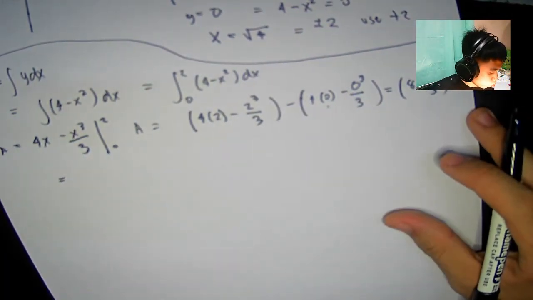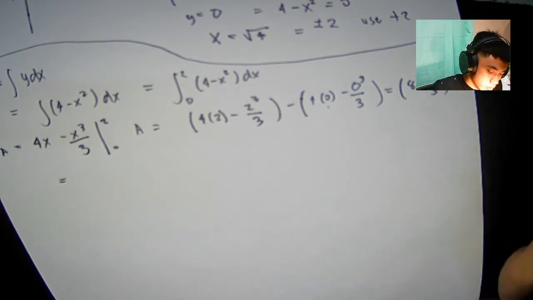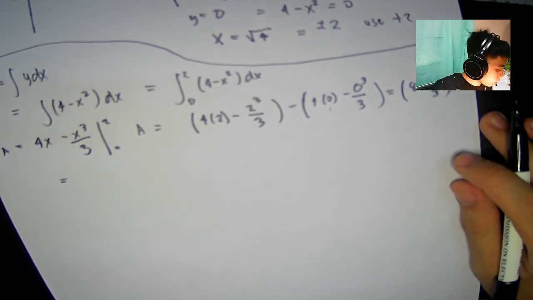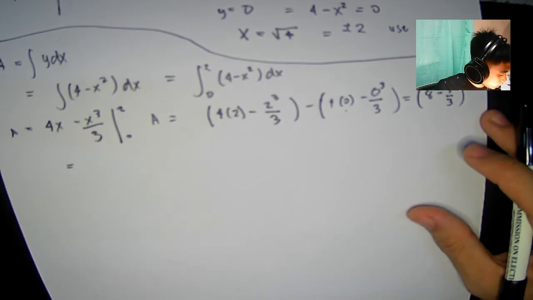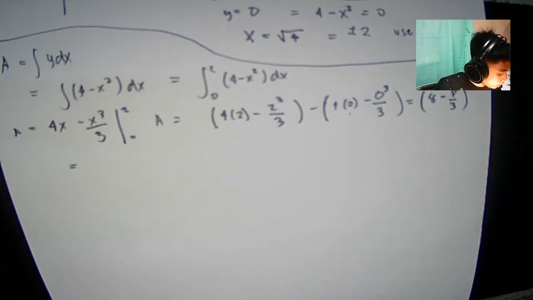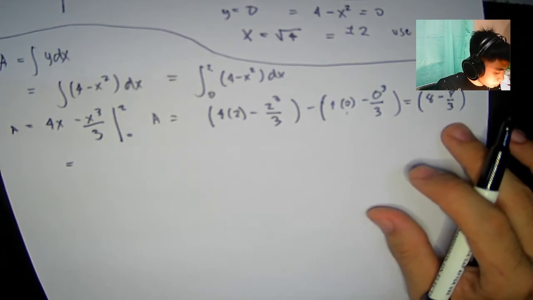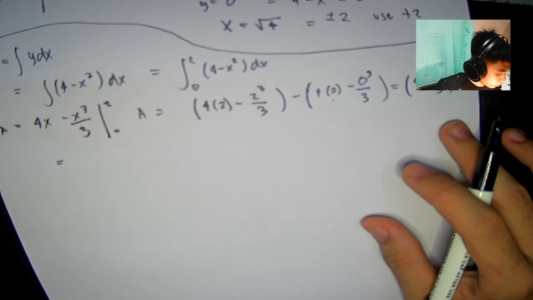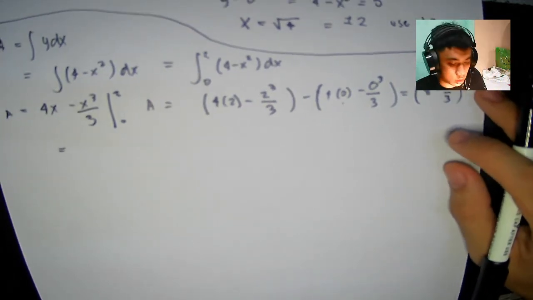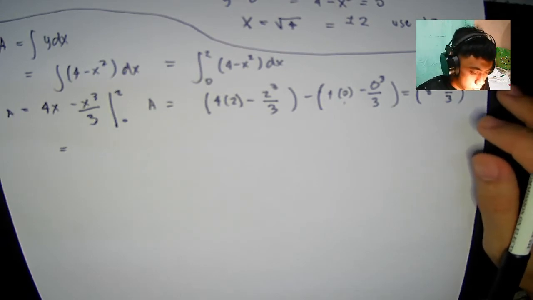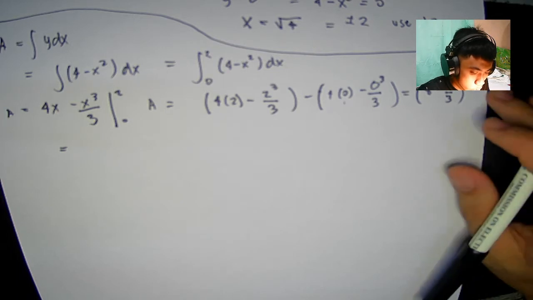Wait, did I miss something here? 4 times 2 is 8 minus 8 over 3.